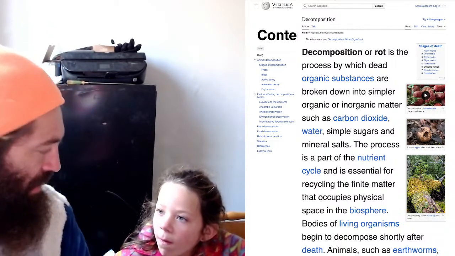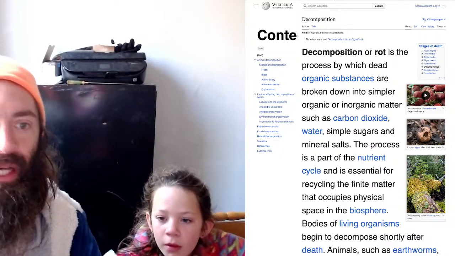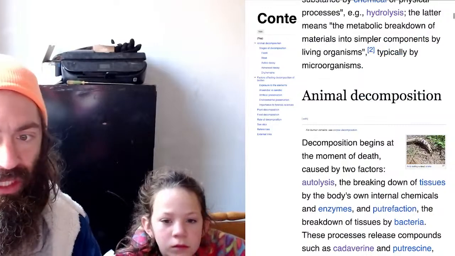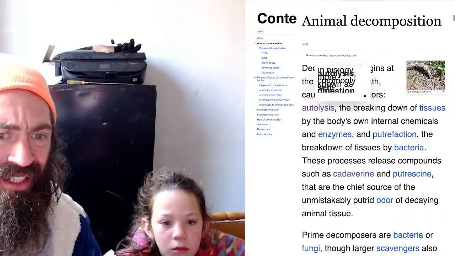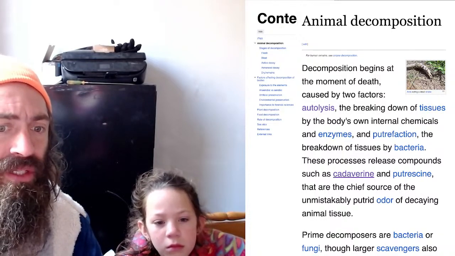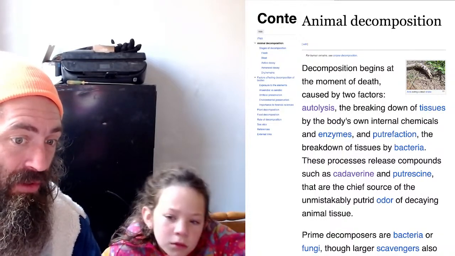I can change that better. I think that's what I'll do here. For now, that's fine. So let's go back to animal decomposition. And putrescine. Interesting. So these make an unmistakably putrid odor of decaying animal tissue.